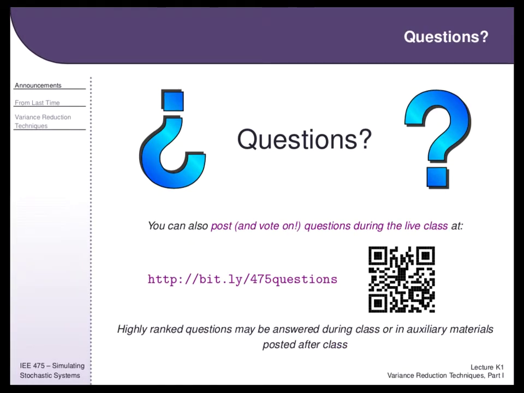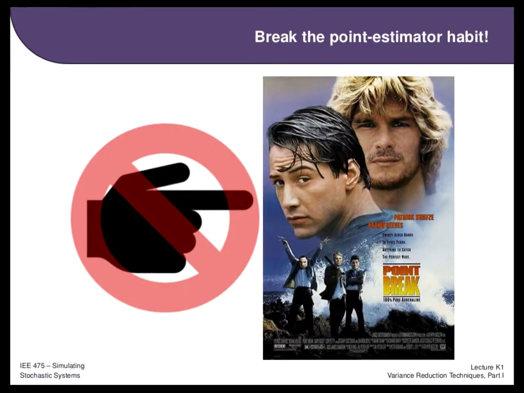So if there are any questions, let's hold off for a second since I was late, and we'll talk about point estimates. The idea I've motivated is that we want to avoid point estimators. Point estimators are a great way to summarize things to stakeholders maybe 2 or 3 degrees removed from the technical work, but they don't communicate any uncertainty, and that uncertainty is often the most important thing to communicate.